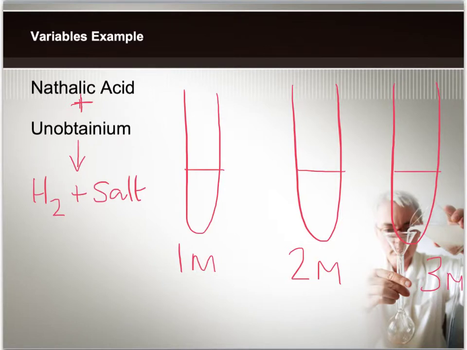And in each case we give ourselves a small amount of unobtainium that we then add to the solution. Now in each case we're going to end up with hydrogen bubbles being given off as a gas in each and every case.